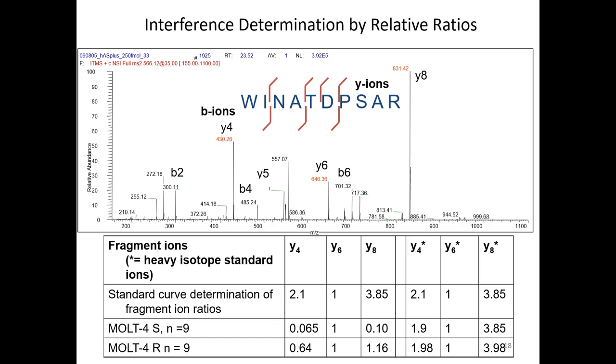I was monitoring 3 product ions, the Y4, Y6, and Y8, and this is from the heavy. The response I was seeing didn't make a lot of sense between the cell lines and some other samples I was looking at. So I decided to look at the Y4, Y6, Y8 intensity. You see how the Y8 is the tallest, Y4 is the second, and Y6 is the smallest.